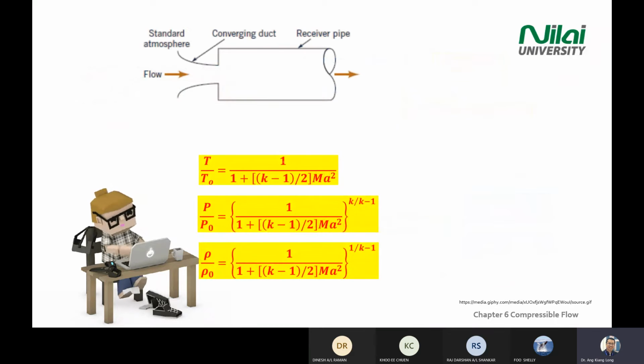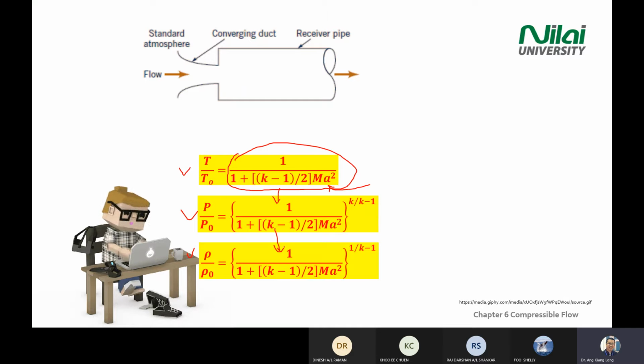After that, recall that you have three equations: the T ratio, P ratio, and density ratio equations with the Mach number term. You can see actually the middle one is the same. What is different is the exponential component.